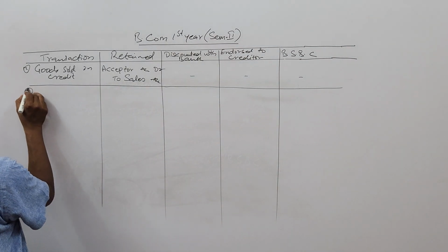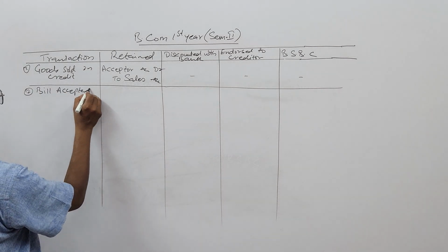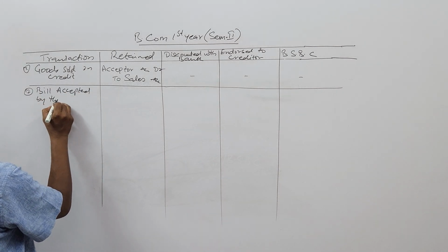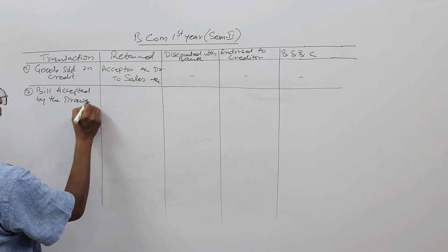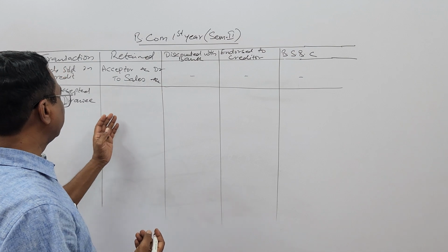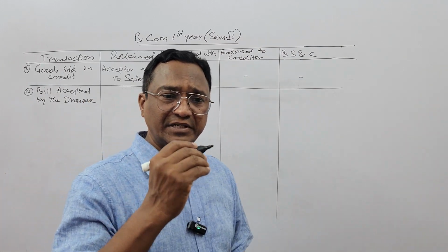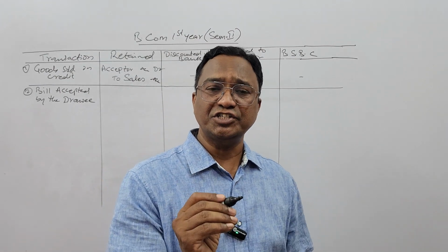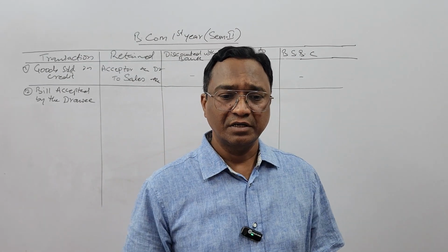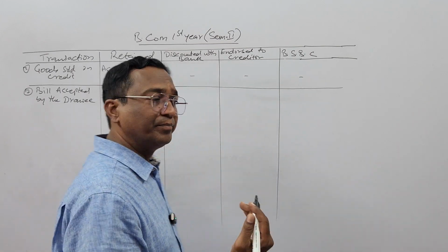Number 2, bill accepted by the drawee, or we can call him the acceptor. So when the bill is accepted by the drawee, that means the customer is signing on that bill of exchange and he is returning it back to the trader. So debit what comes in, what is coming in is the bill.